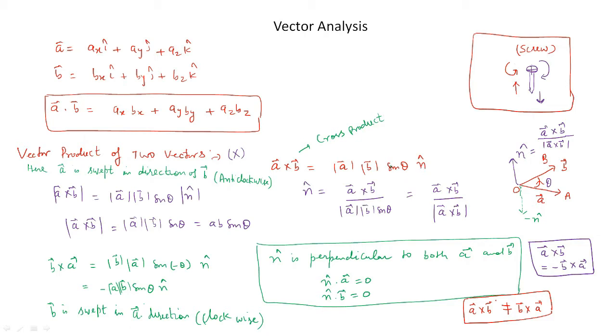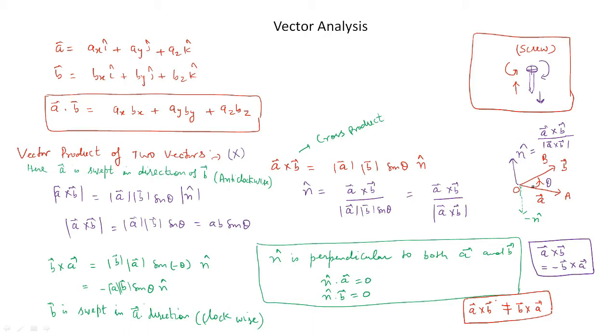Here you see that this is the magnitude and this is your unit vector. So this whole term will represent a vector quantity, and the direction of the unit vector n is perpendicular to both vector A and vector B, when vector A and vector B are in a plane.